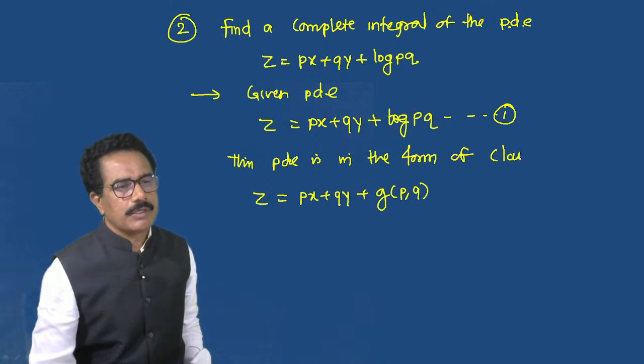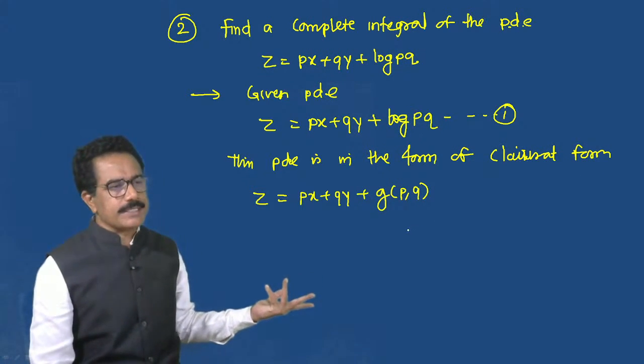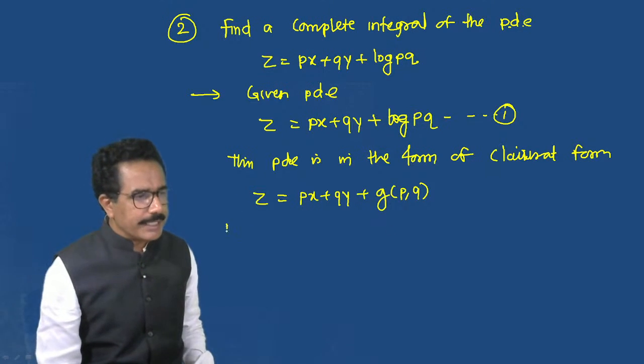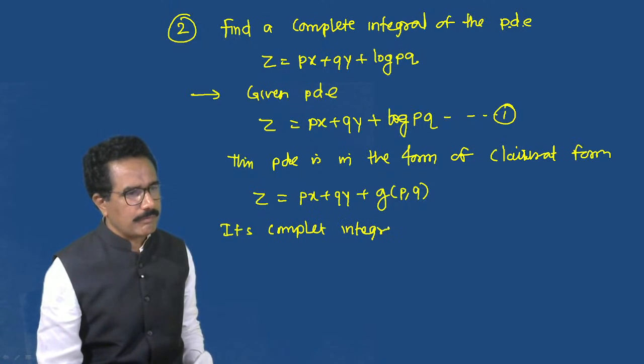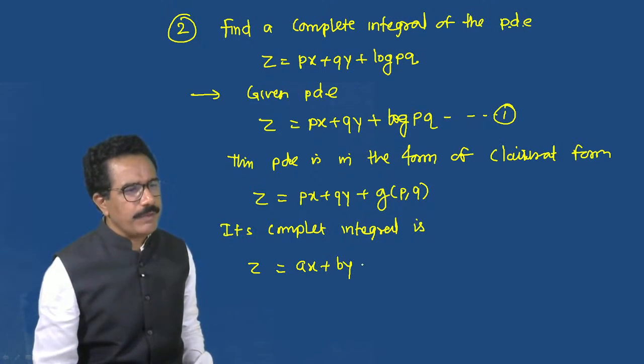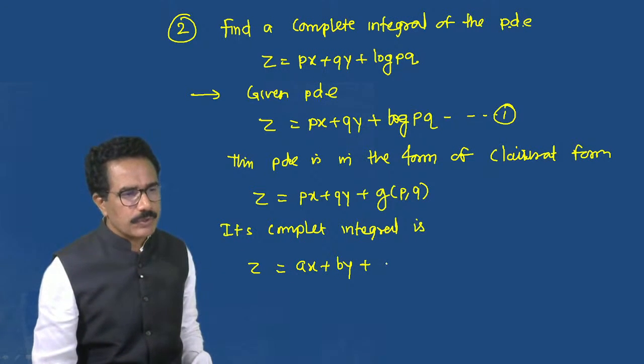Clairaut form. So we can write this. Its complete integral is z equals ax plus by plus g of a comma b.